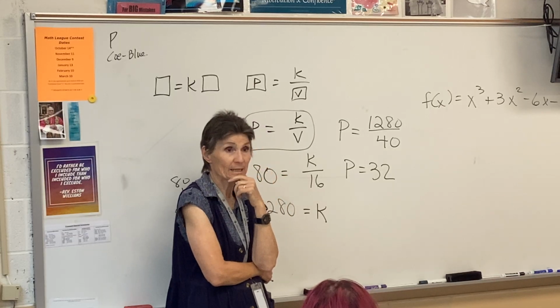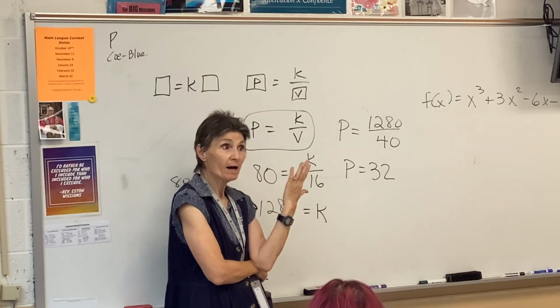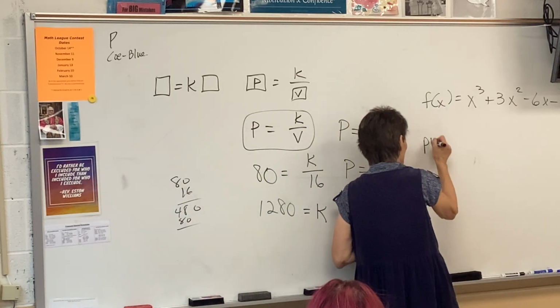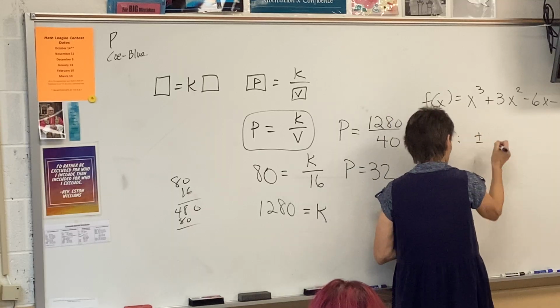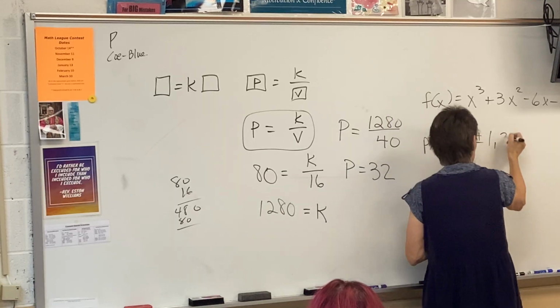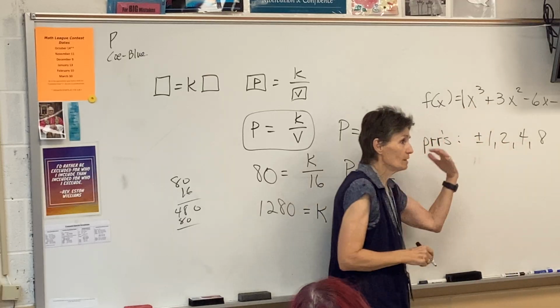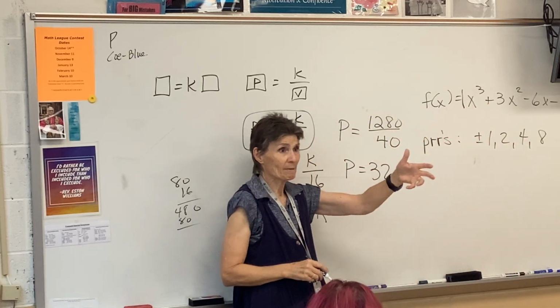That's why I'm having you list the rational roots, because you're gonna have to guess, right? That's what we're gonna have to do. So what are our possible rational roots, plus or minus? 1, 2, 4, and 8. And technically, they're over 1, but since it's 1, I'm not gonna write it down.